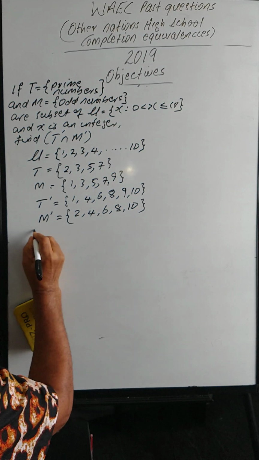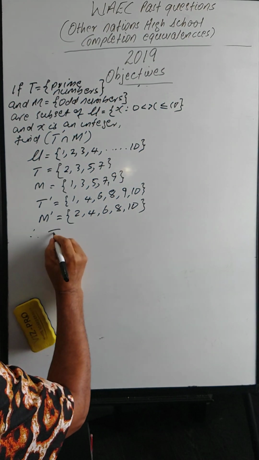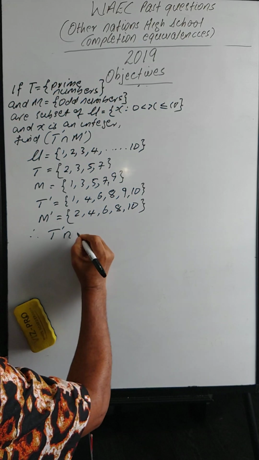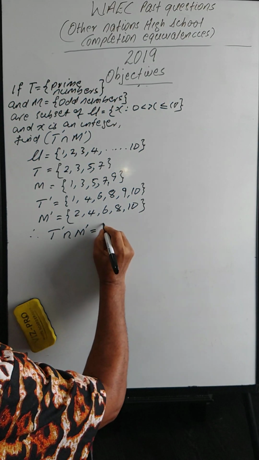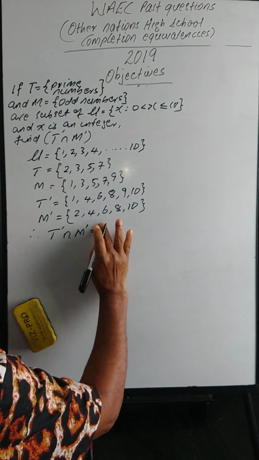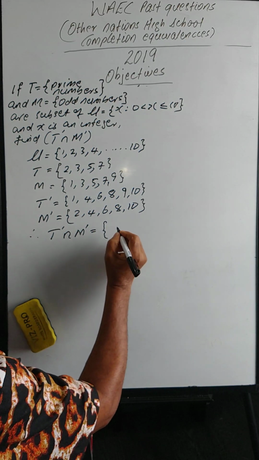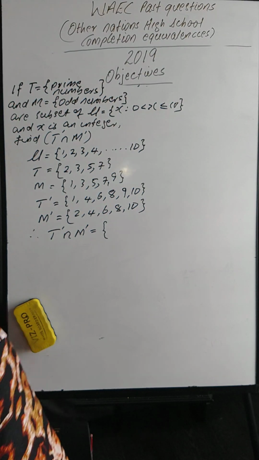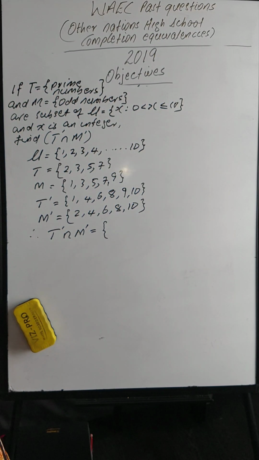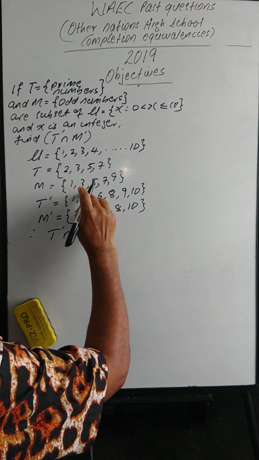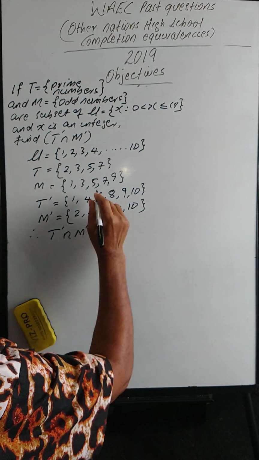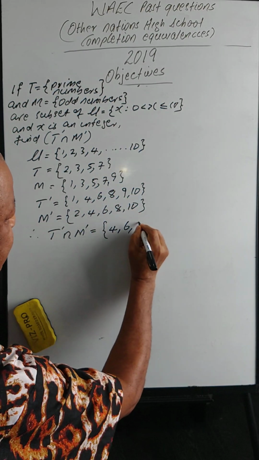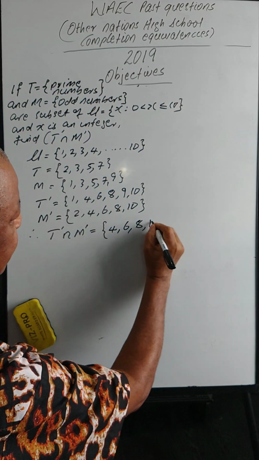Therefore, t prime intersect m prime will now give us all the elements in t prime that are also members of m prime, and that will give us 4 is in t prime and 4 is in m prime. 4, 6 the same, 8, and 10.